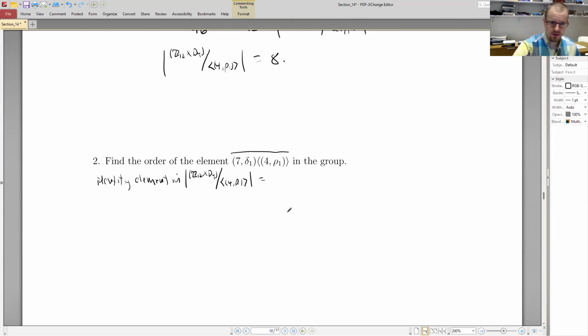This is not equal to, but is the identity element in, I don't need those bars either. So what would be our identity? 0, comma, row naught. The identity is always going to be one way to represent it: identity in Z12, identity in D4.